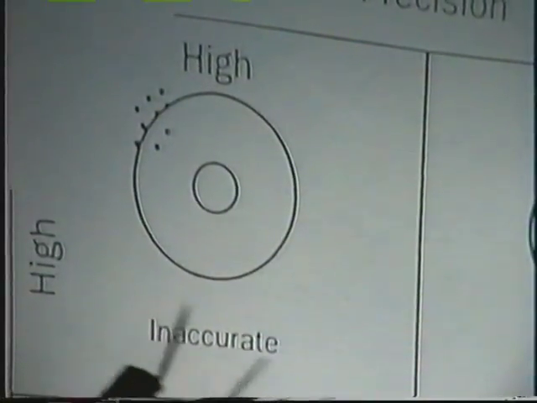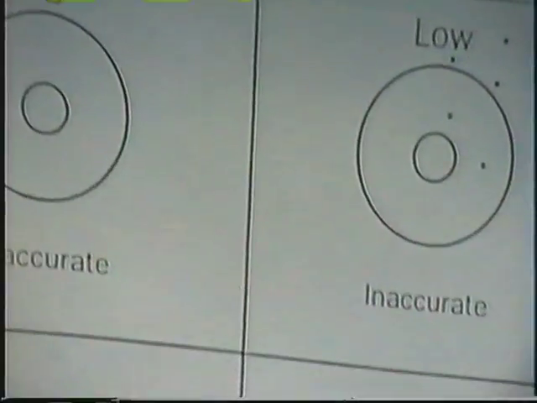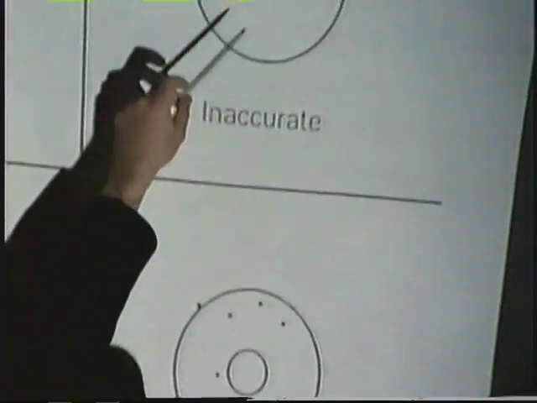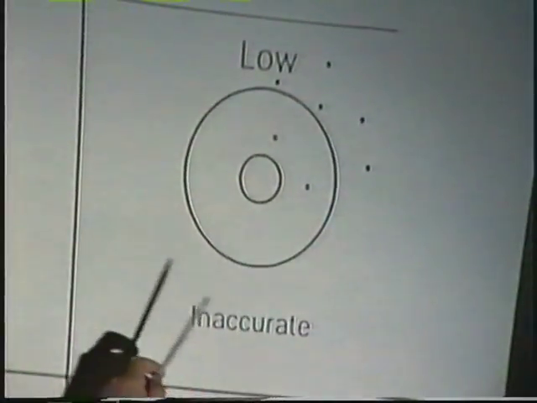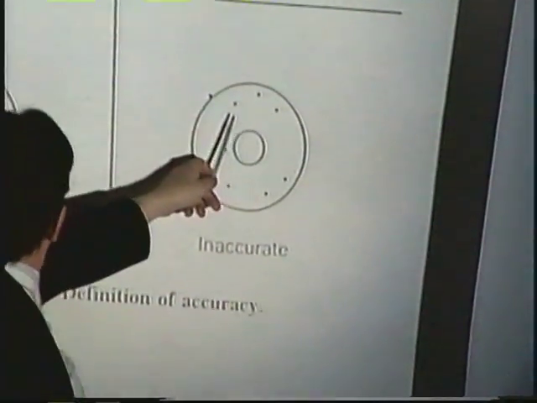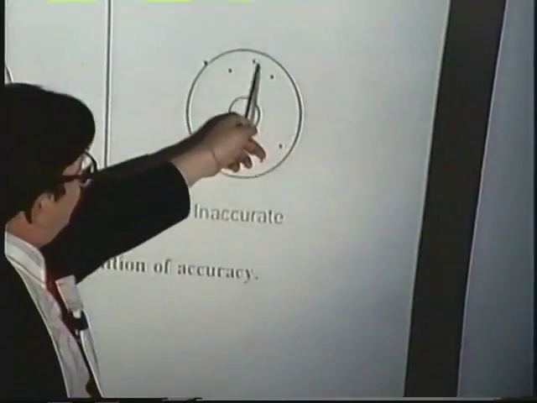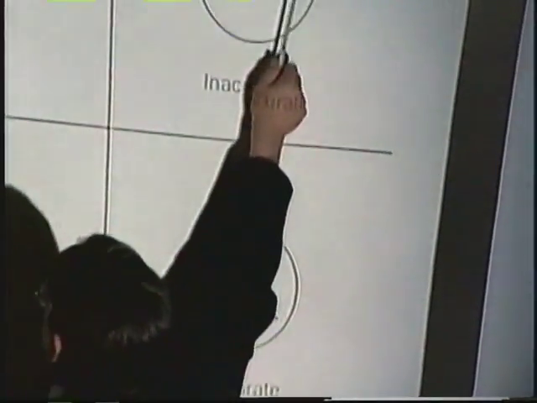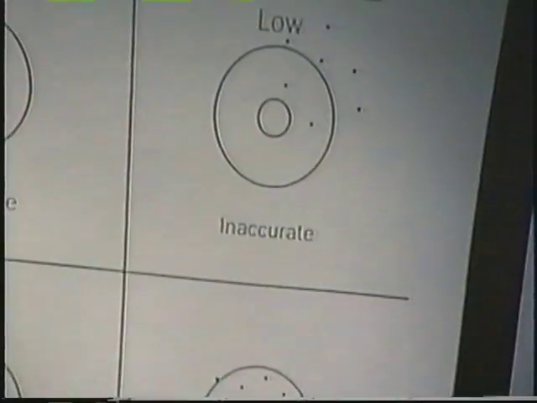That's not a good situation. Here's a situation where the precision is low and there's a lot of bias, and this is a situation where the bias is a little lower, but it's very imprecise. This is probably the worst situation you could have, and this is the ideal situation.